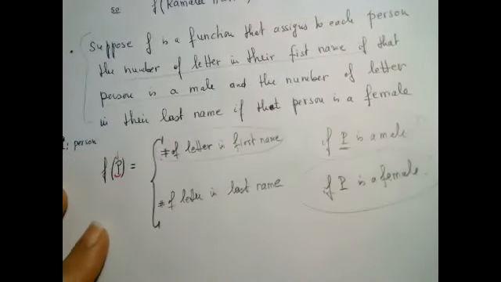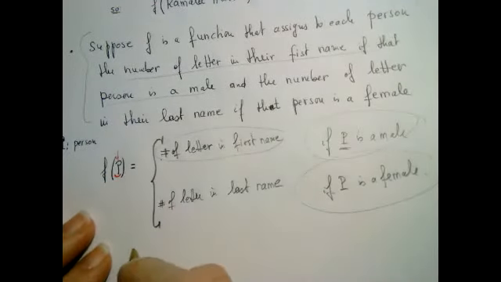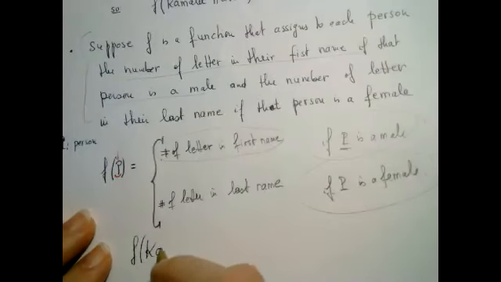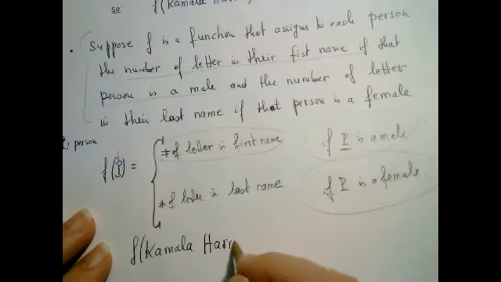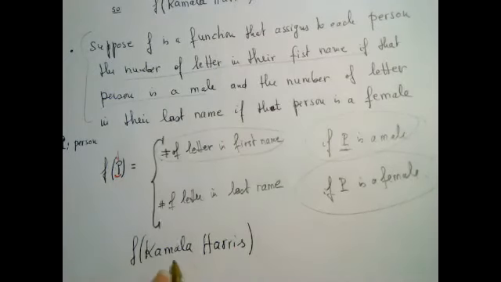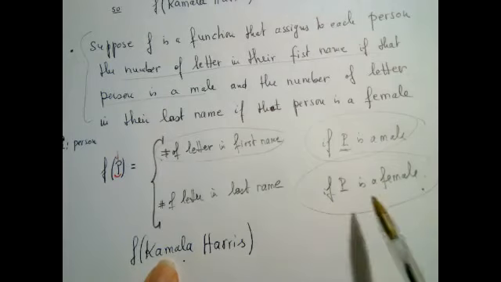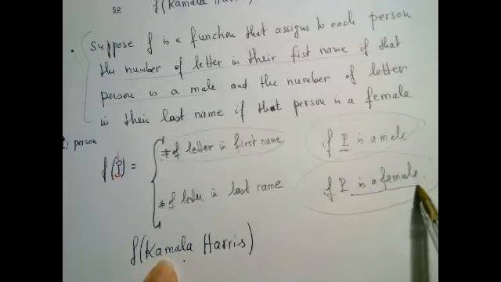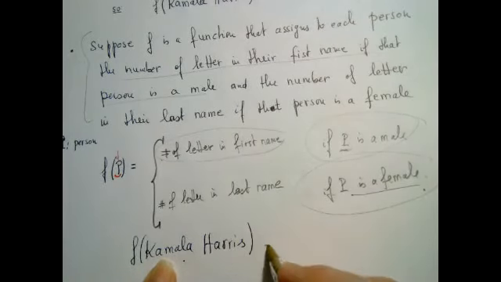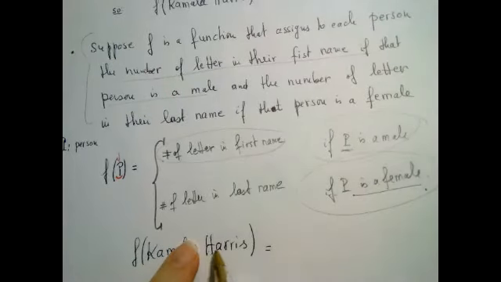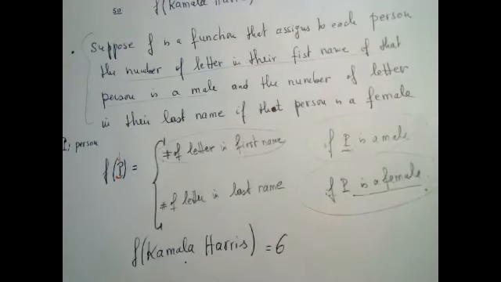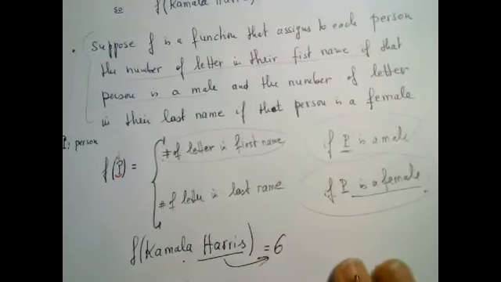So with this in mind, if I say what is f of Kamala Harris? You go back here. You start here. You say, okay, Kamala Harris is a female. So the rule tells me the number of letters in her last name. 1, 2, 3, 4, 5, 6. In her last name. That's what I am picking up.